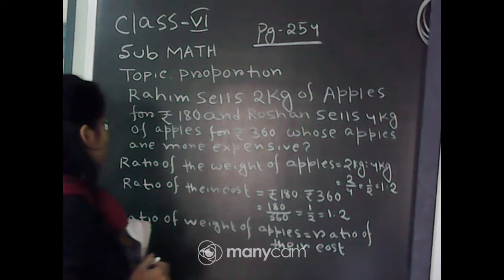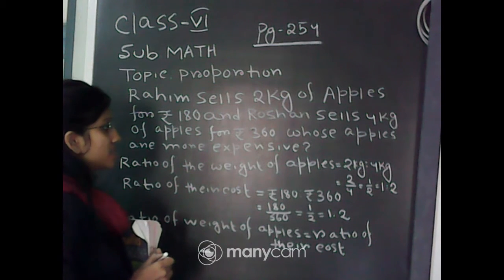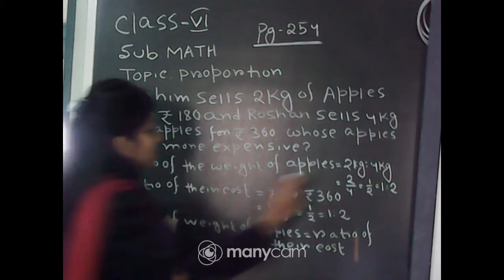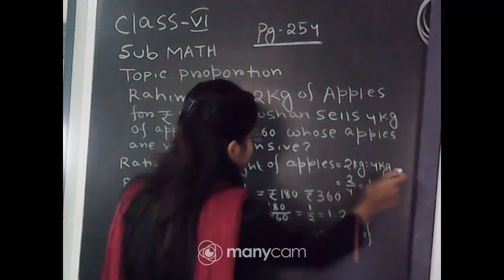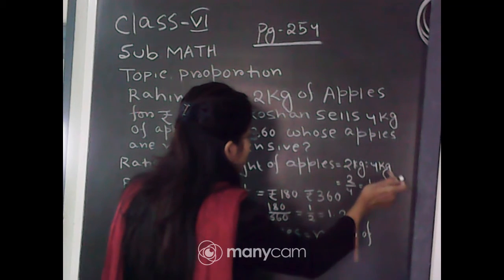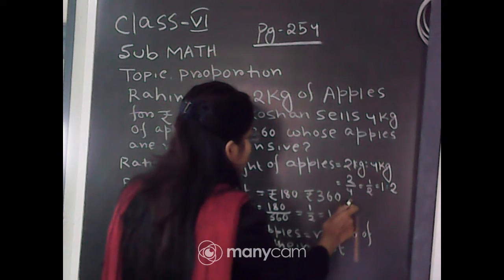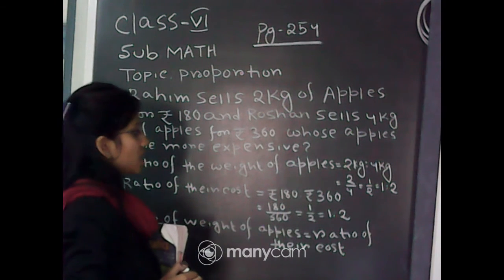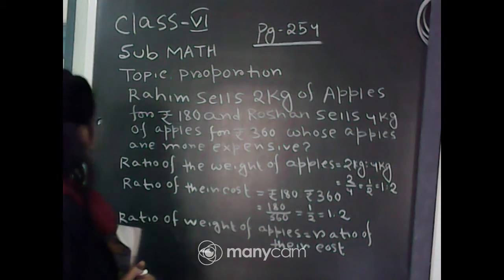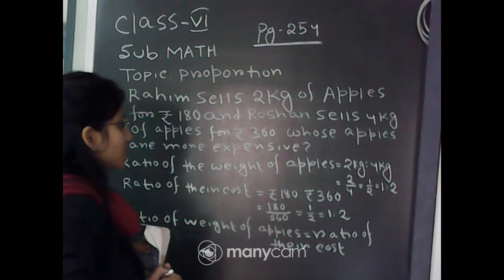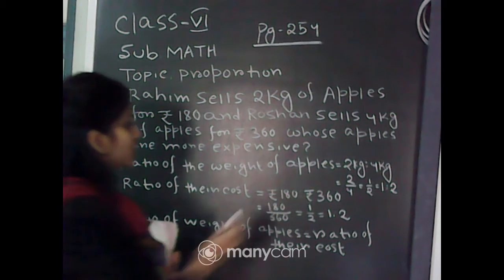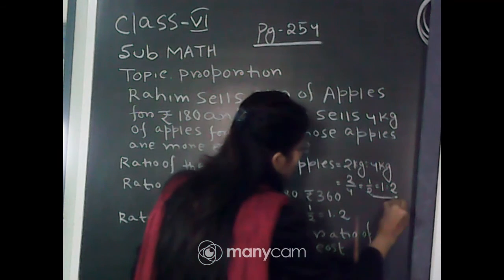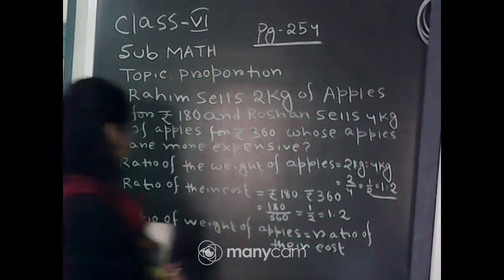We can write this as 2 divided by 4. Now, HCF of 2 and 4 is 2, therefore we divide both the numerator and the denominator by 2 and we get the ratio 1:2.